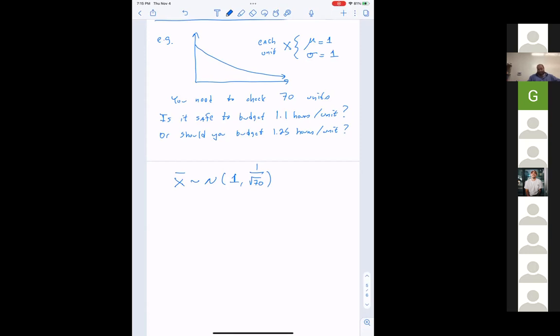So the question was, is it safe to budget 1.1 hours per unit? In other words, what's the probability that X bar ends up being more than 1.1? How likely is it that it's going to take me more than 1.1 hours per unit? Let's calculate this.